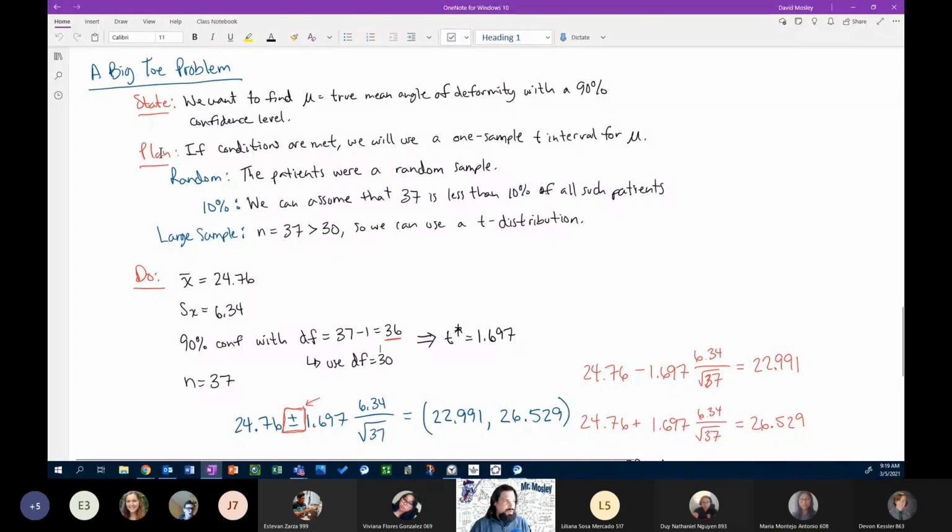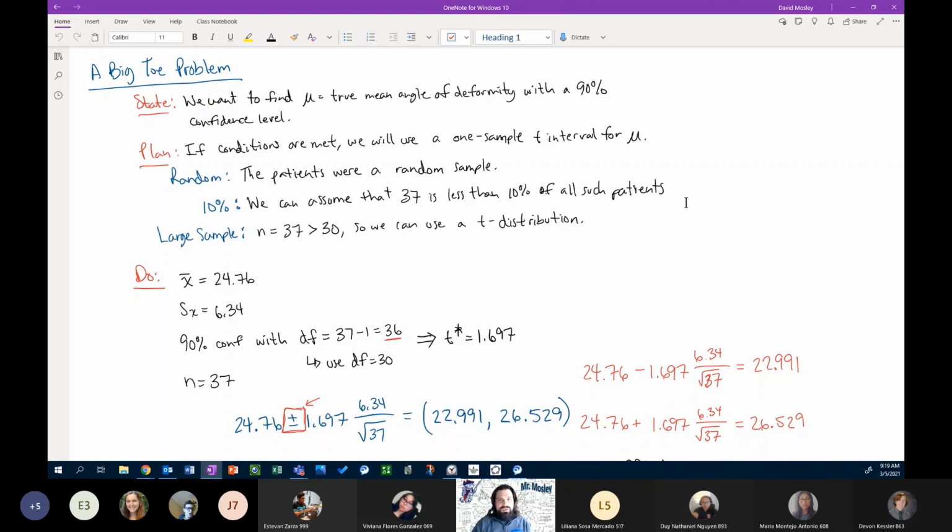We now check our conditions under the plan part of the process. Random: the patients were a random sample, so we're good on that one. 10%: we can assume that 37 is less than 10% of all such patients. We can make that assumption because they didn't give us any reason that we couldn't. They didn't provide us with the actual size of that population, so we could not calculate the percent that 37 is of that.